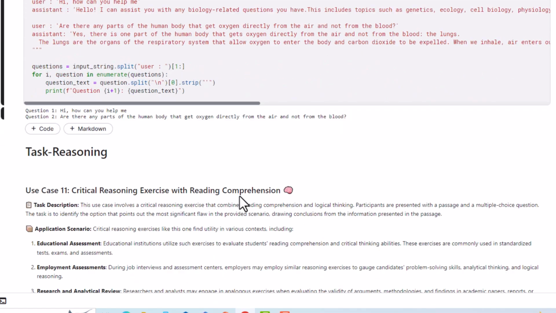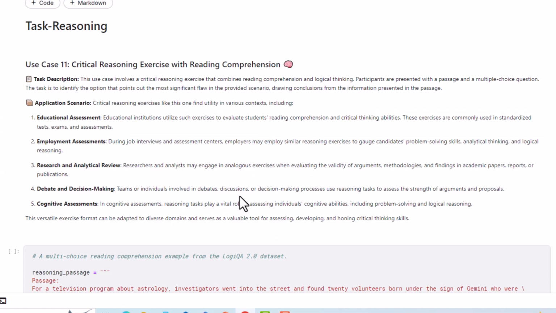Use case number 11 involves logical reasoning and reading comprehension, where you are given a context and multiple choice questions and you want to find out which one is correct based on the scenario. This can be used in educational assessment, employee assessment, research and analytical review, decision making tasks, or cognitive assessment.